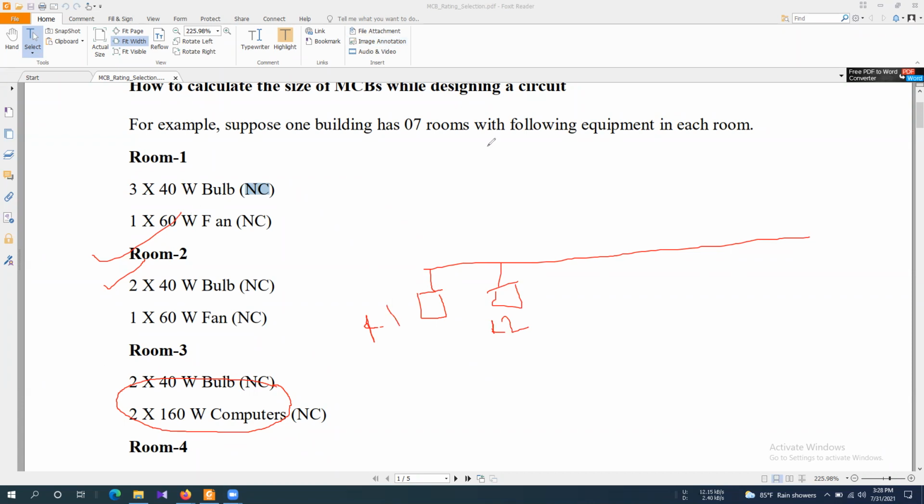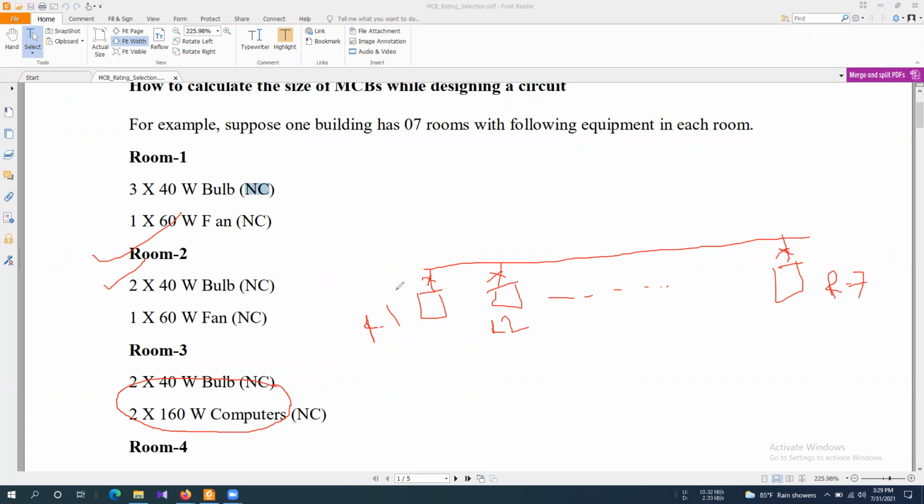So you can segment the protection of this building according to the room number. If you have 7 rooms, you can have 7 segments of the load according to the room, and each room will have an MCB or MCCB.